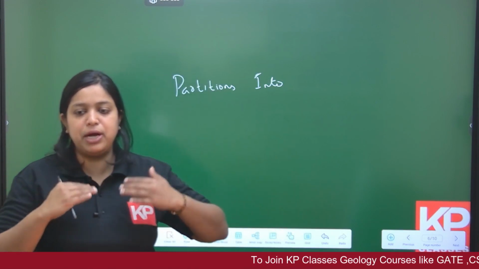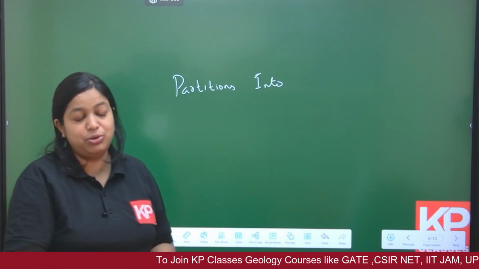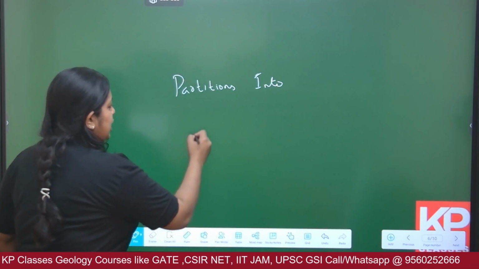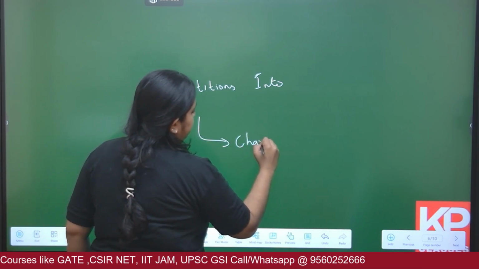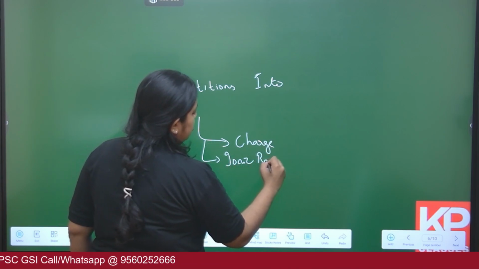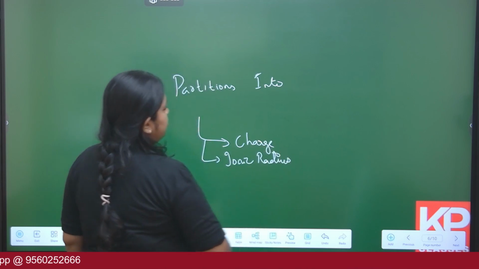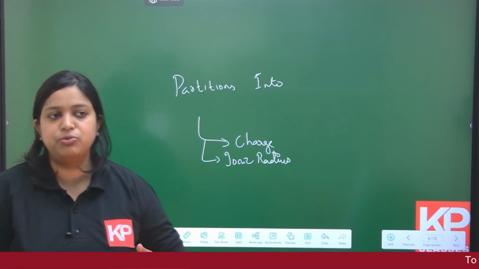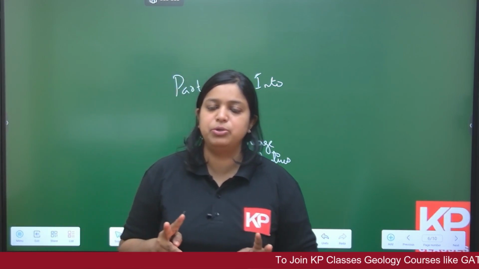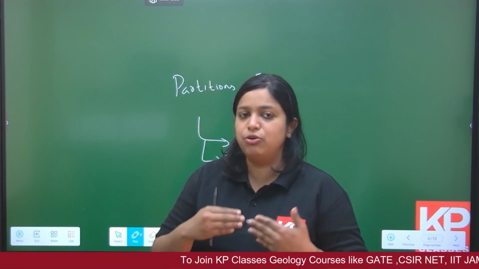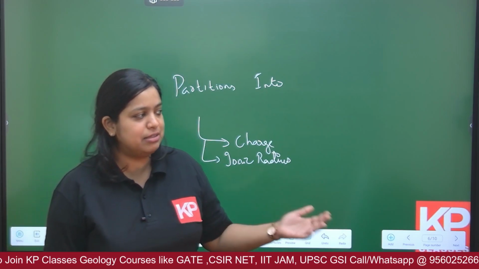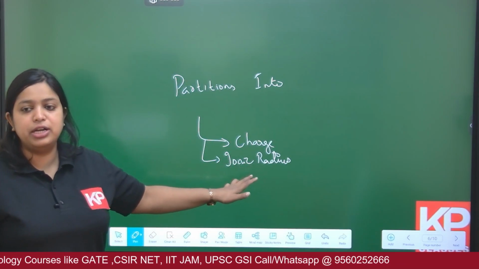That efficiency is controlled by charge and ionic radius. So these are the two conditions: the charge valency of the element and the ionic radius of the element. These two define the efficiency with which an element partitions into a particular phase.